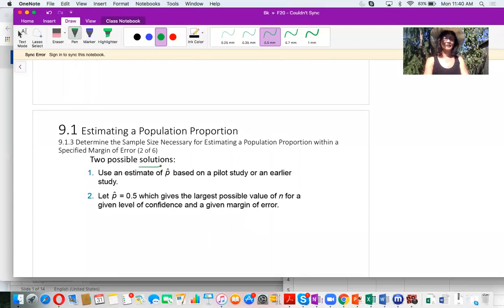Solution 1, use an estimate P hat based on a pilot study or historical data. Solution 2, use P hat equal to 0.5. When P hat equal to 0.5, it gives the largest possible value of N for a given level of confidence.